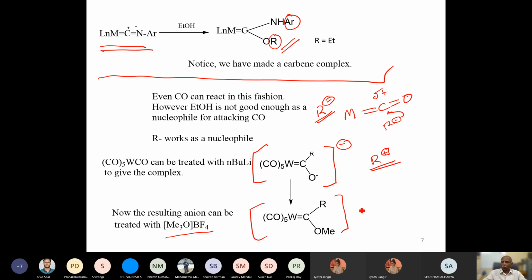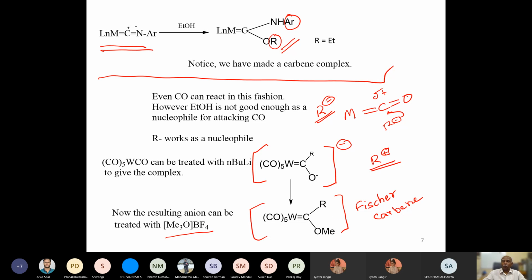So this is now a Fischer carbene, because he was the person who first made this carbene complex. So what he did was he treated it with alkyl lithium, and then the alkyl lithium was capped.